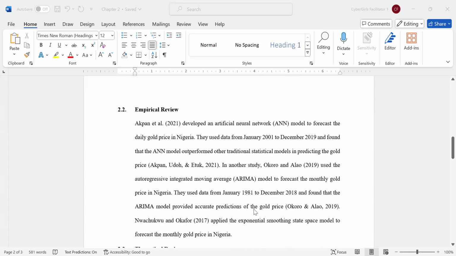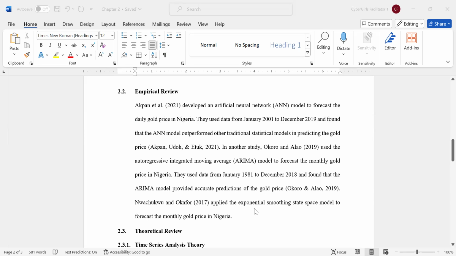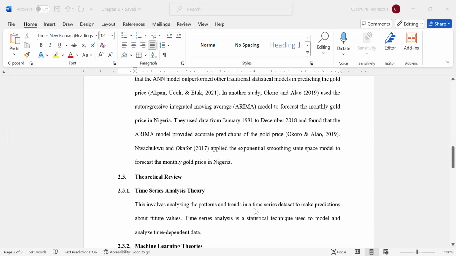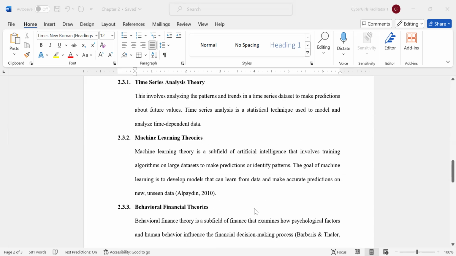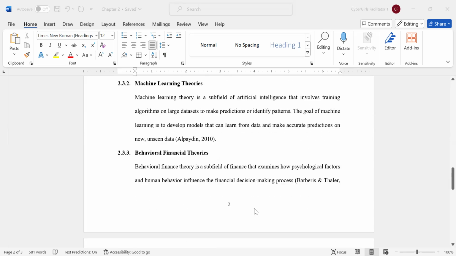One of the ways of helping you achieve that is to look at the things you have listed as your definition of key terms, and see books and literary works that have been done around them. The next one is the empirical review, where you review the previous studies that have been carried out on your work and where you want to improve, right? Then the theoretical review, where you look at the theories that underpin your work.